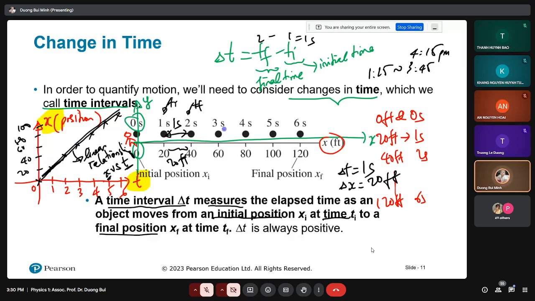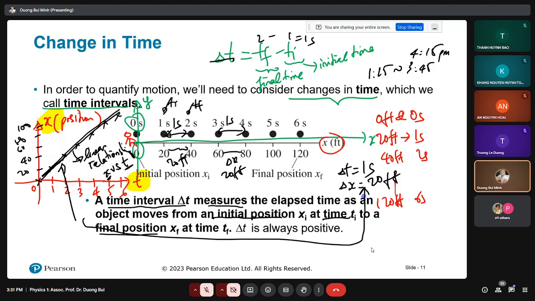So if here we have delta t of 1 second, delta x is 20 feet. When we analyze this motion, if the time interval is 1 second, the displacement is 20 feet. But if we have a non-linear curve, it gets complicated, because different time intervals give different displacements, even when we have the same interval.